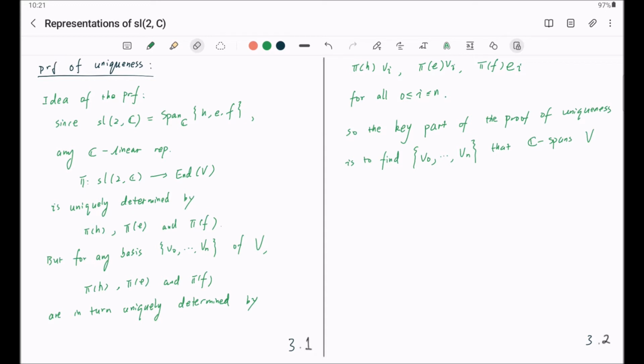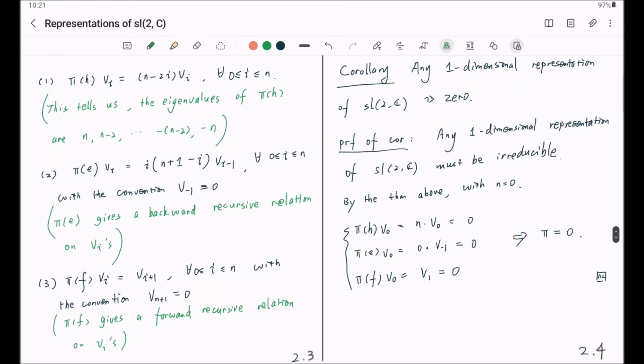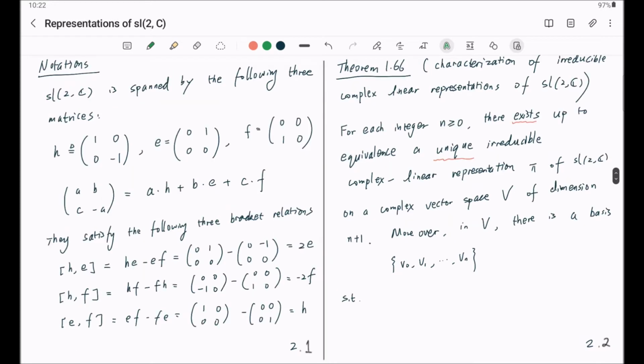But we are going to do more than just this. In this part of the proof, we're not just going to find any basis. We're actually going to find those bases so that those properties 1, 2, and 3 for pi and the Vi's are satisfied. So in this part of the proof, we're also going to prove this moreover part.